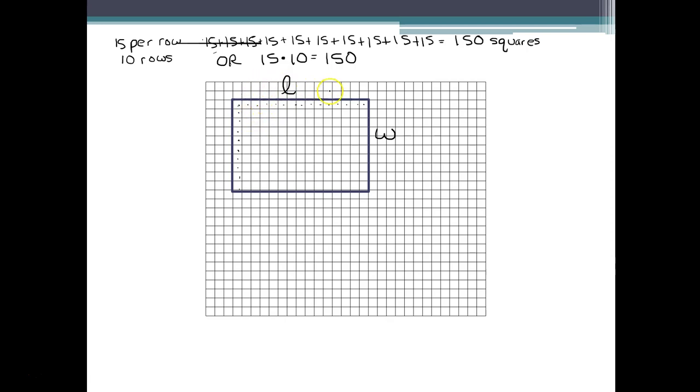Well, notice that even with the even number of squares, the length times the width gave us how many squares were inside this rectangle. Well, that's going to be still true even if the squares are partial squares, decimals. So if we want to find the area of a rectangle, all we really have to do is multiply length and width together, like what we did here.